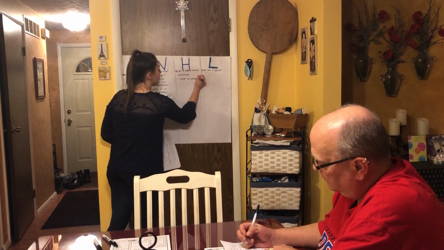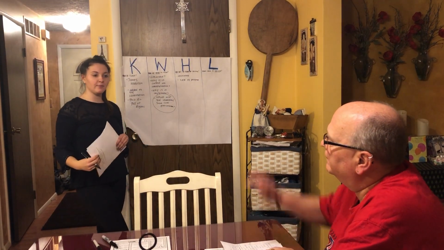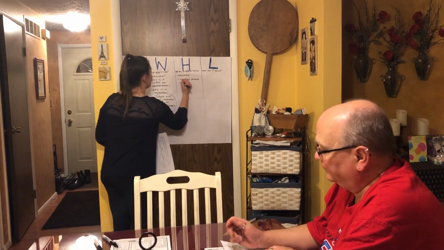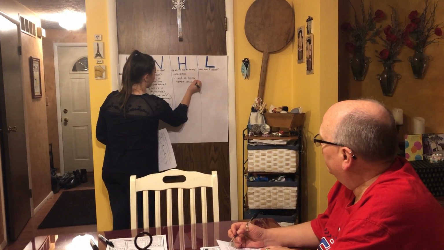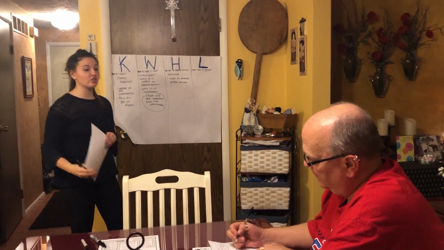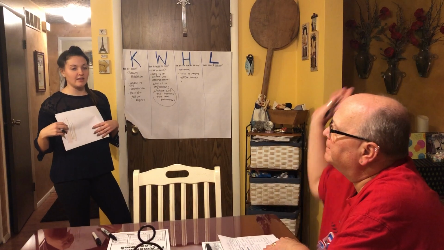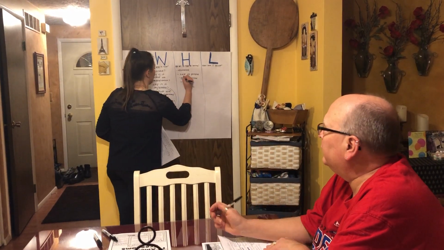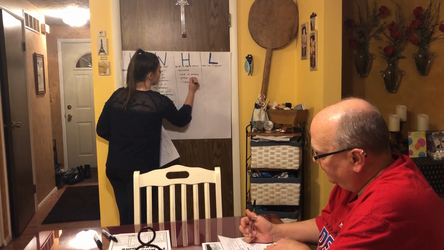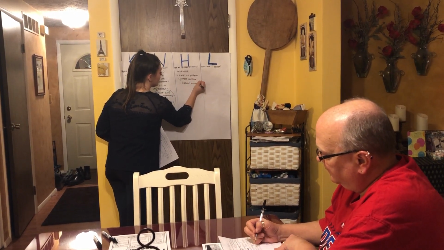What are some other things that you think that you could do? You could go online and Google it. Yeah, that's great. Looking up information, researching. That's a good one. Anything else? You could go to the library and do some research in a book. Yep, library sources.